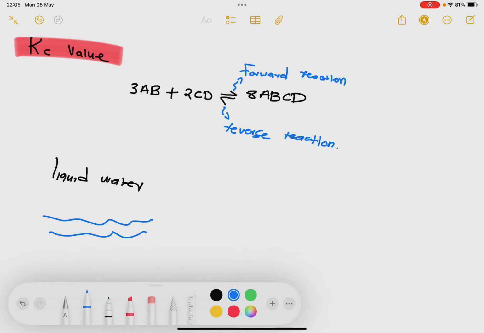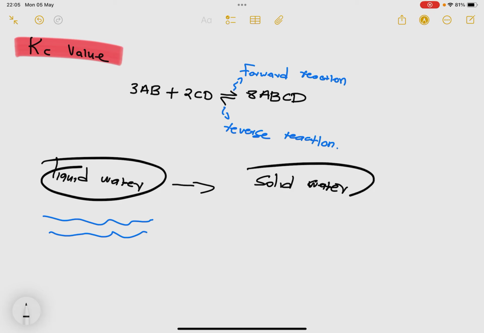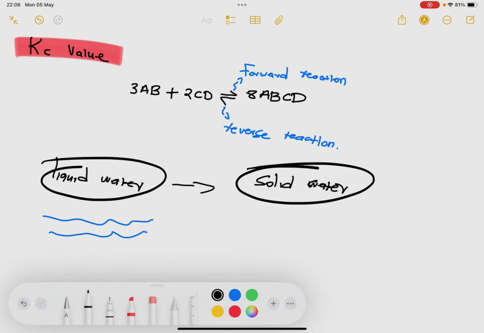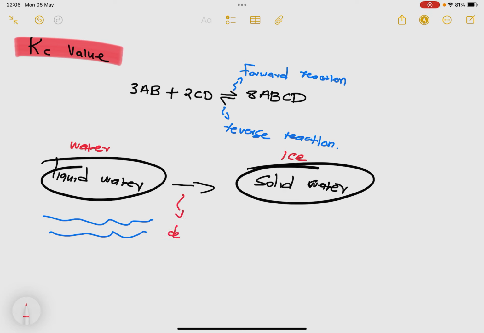We realize that the water is going to freeze. We move from liquid water to solid water, and we call this solid water ice. This one we're just going to call normal, drinkable water, and this one is ice. This is what happens if we decrease the temperature.